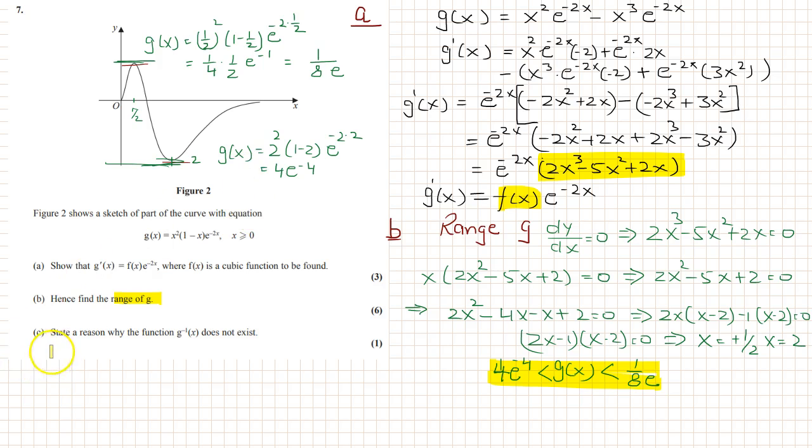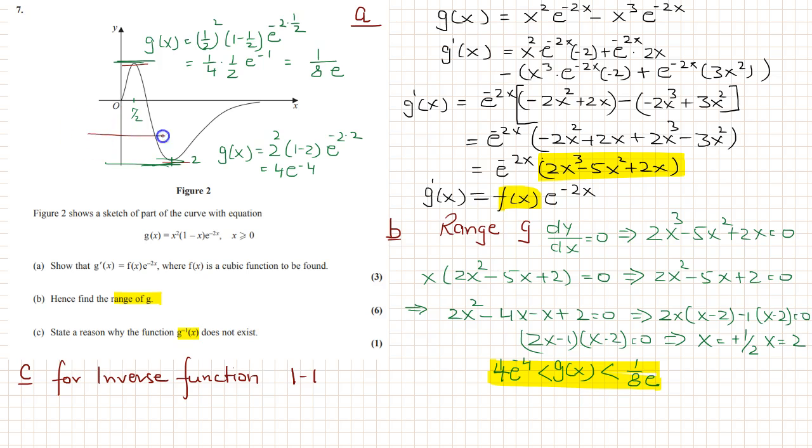Part C. Give the reason why the function does not have a g inverse. So for an inverse function, it is supposed to be a one-to-one function.